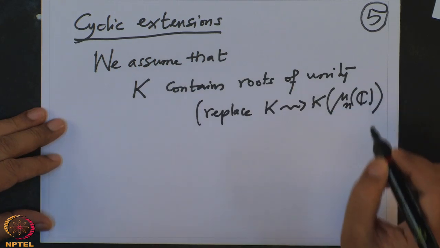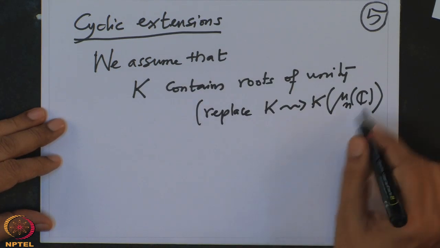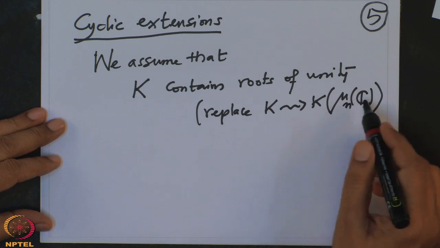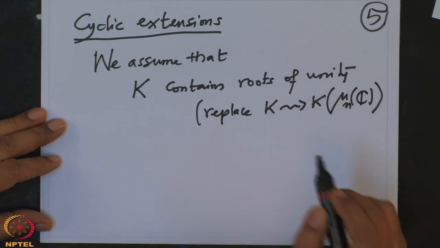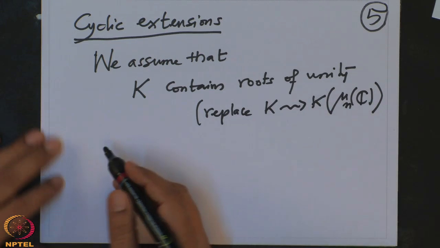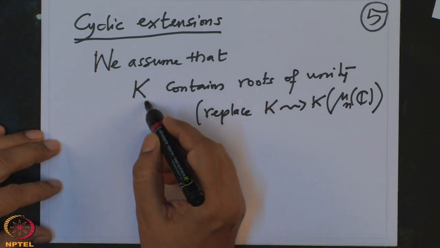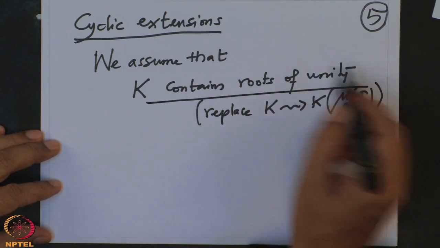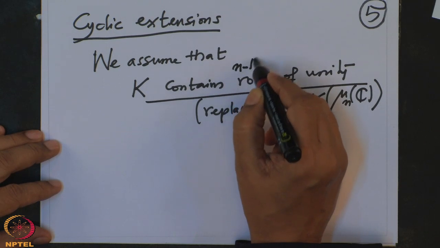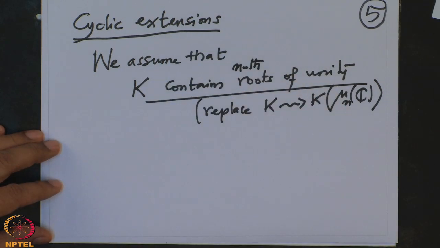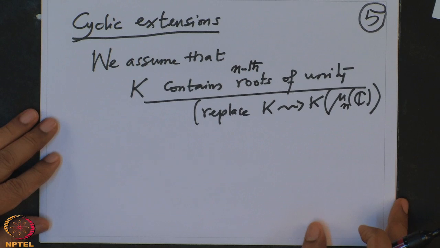You attach nth roots of unity. This is a finite cyclic group, and attach that, so you still get a finite extension. Alright. So I will assume that it contains roots of unity. We don't need all roots of unity, and that n will depend on the degree, etc.